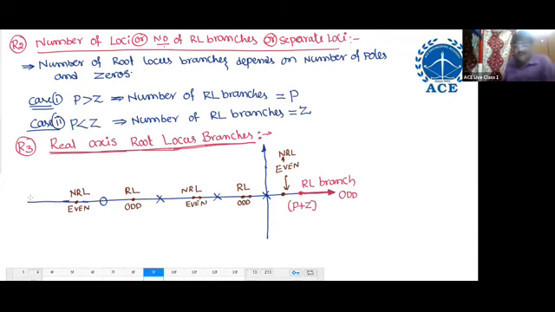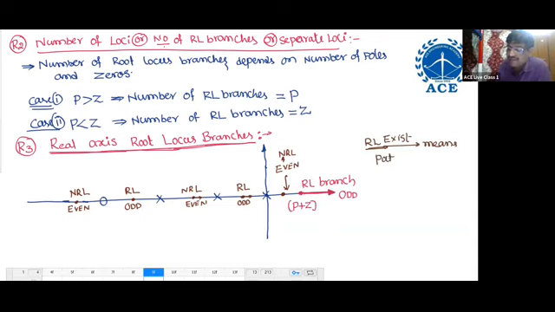What is the meaning of root locus? Tell anybody. Root locus means what? Anybody? Root locus exists means path exists.